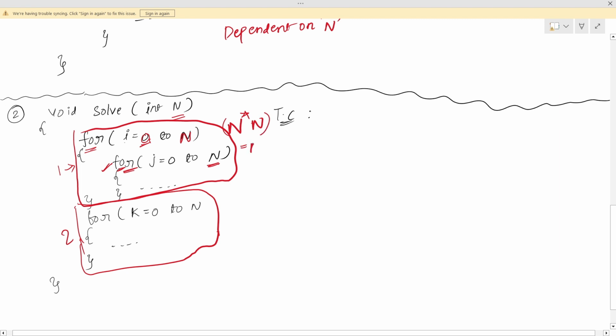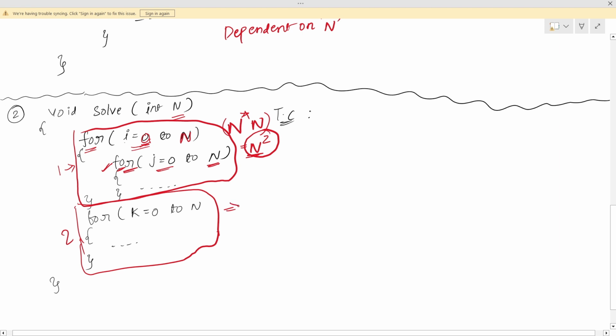That means n square. Hope you got it, right? Generally, while learning data structures, if there are two for loops, you will blindly say that it's n square time complexity. But you need to see what these variables are, you need to see everything and then tell it as n square. And the first one is taking n square, right?